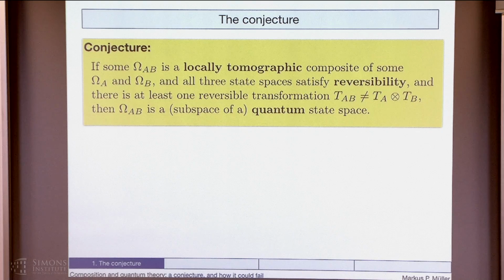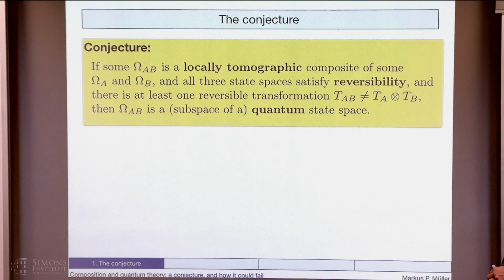And also, if there is at least one transformation on AB which is not a product transformation, then you get a quantum state space or a subset of quantum theory. Maybe you get classical physics, for example, which would be a subspace of a quantum state space.